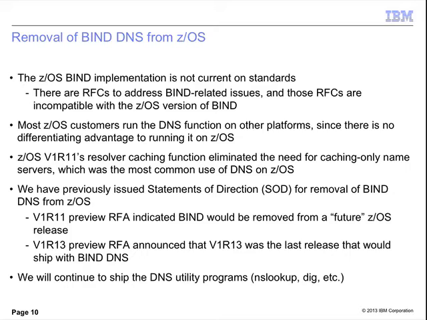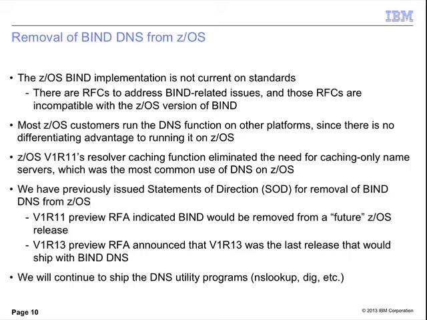It's the removal of BIND DNS. Hopefully this is not a surprise to any of our customers, and certainly not to any of our CAP customers, because we've been advertising that this was coming for years. We issued an SOD way back in the V1R11 timeframe that said we would be removing BIND in a future release. We updated it over 2 years ago to say that R13 would be the last release that includes BIND DNS.